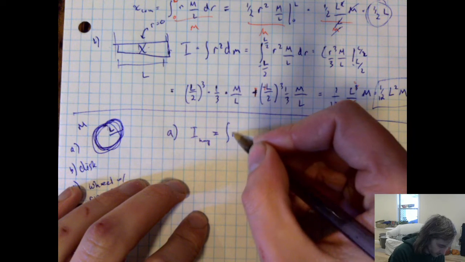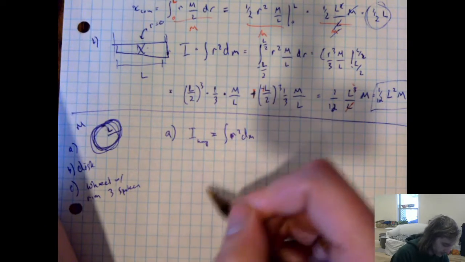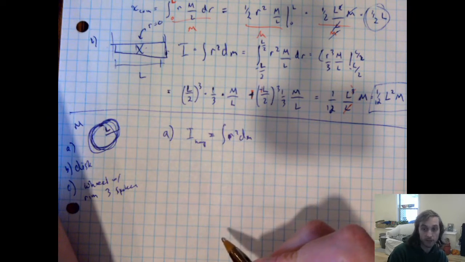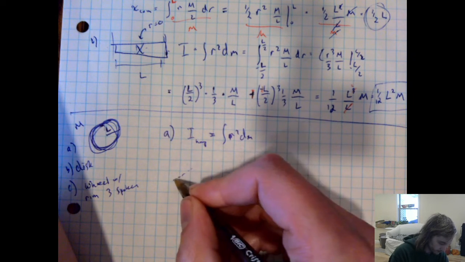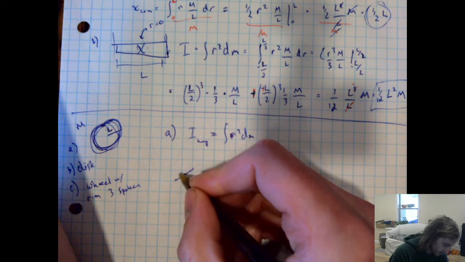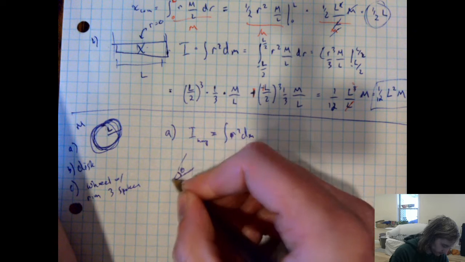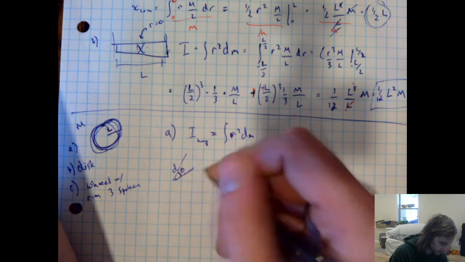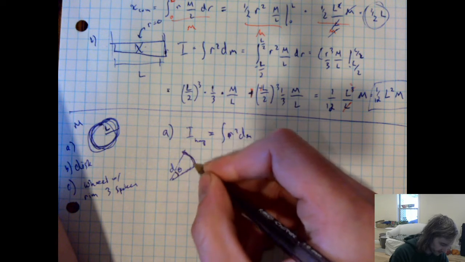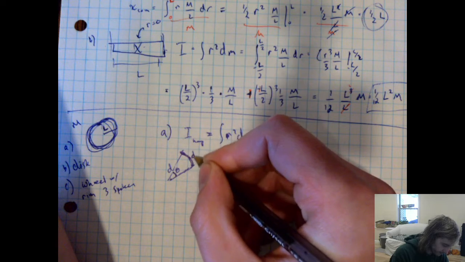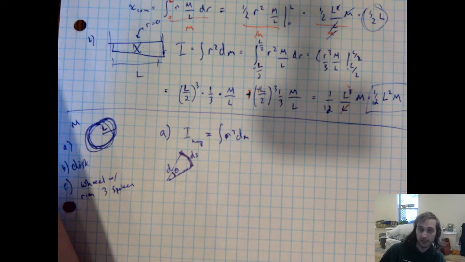So taking my integral, it is going to be r squared dm. And I just need to be careful about what my dm is. Now for this one, because I'm going in a circle, what I'm going to do is say that for any given angle, d theta, I'll get an arc length, bear with me on this, of ds, where s tends to stand for arc length.